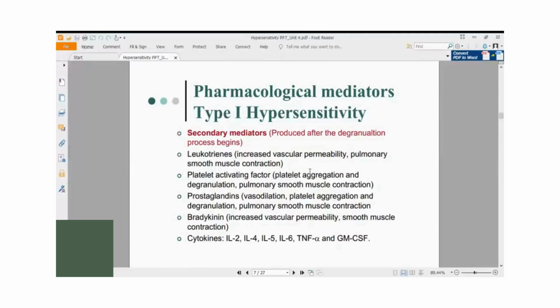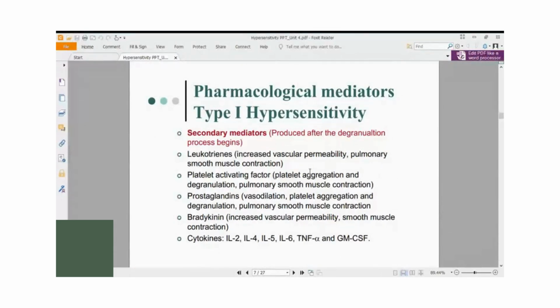But secondary mediators are produced after the mast cell is activated, and they are leukotrienes. Leukotrienes also cause, once again, increased vascular permeability and smooth muscle contraction of the lung. Platelet activating factors cause platelet aggregation in the area, and platelet aggregation may cause blood clots.